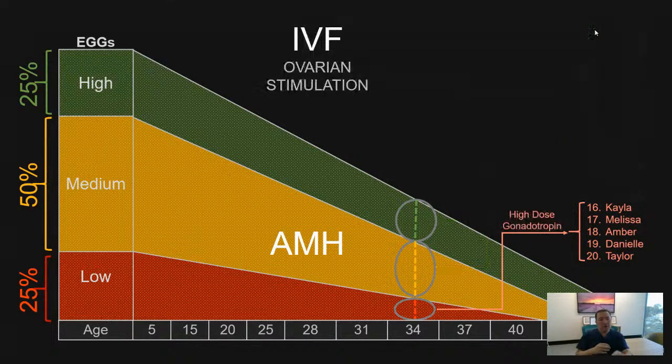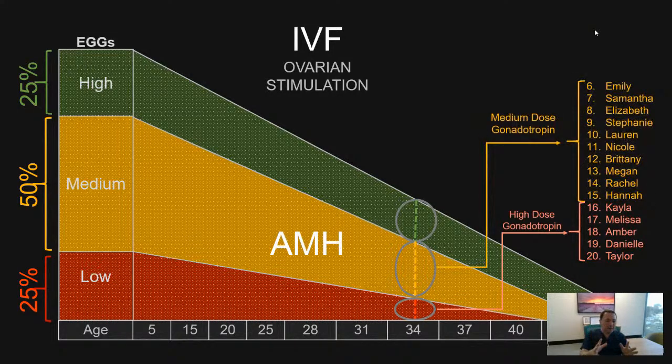So accordingly, we can decide the stimulation protocol. Let us say in IVF, we use a gonadotropin hormone, which is FSH, which stimulates the ovaries. In these 5 patients who were found to have a low ovarian reserve, like Kyla, Melissa, Amber, Daniel, and Taylor, we should give a high dose of stimulation because we should push their ovaries harder so that they can produce more eggs per IVF cycle.